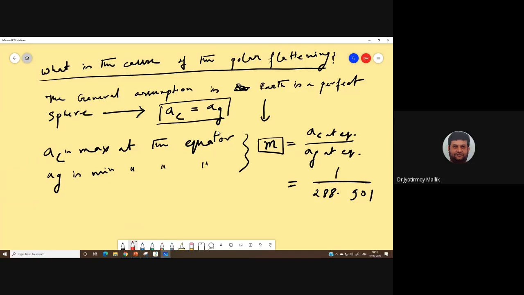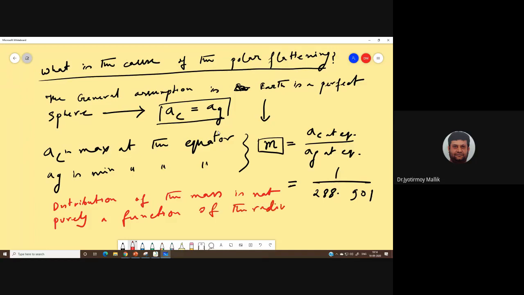And remember this particular inference, that the distribution of the mass is not purely a function of the radius. Okay, so what do I mean by that?